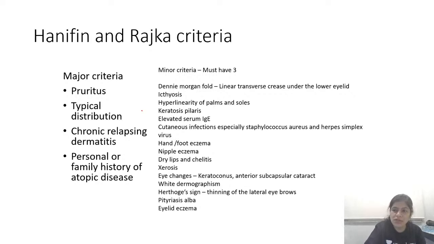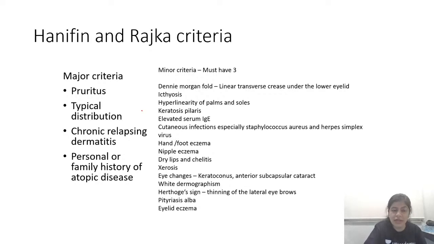So you cannot diagnose atopic dermatitis solely on the basis of a raised serum IgE. There is also no patch test to diagnose atopic dermatitis. Remember that the patch test is used to diagnose contact dermatitis. You do not use it to diagnose atopic dermatitis. So this has to be very, very clear.